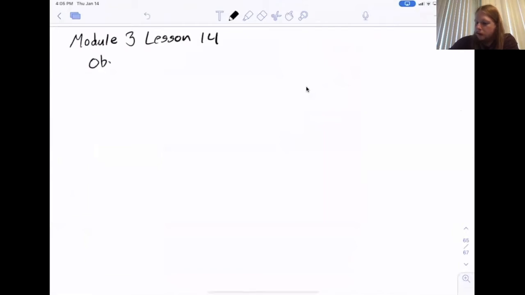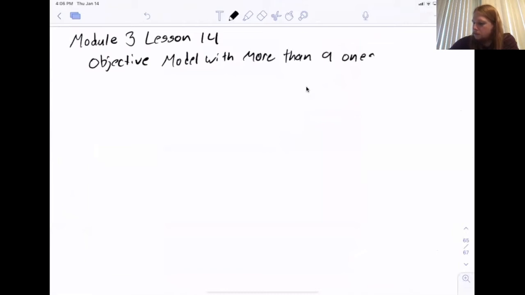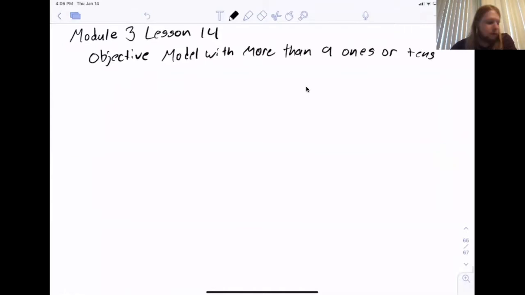And our objective is to model numbers with more than 9 ones or 10s. There's also a little more to it, but as far as I can see this part of the lesson, we're only going to focus on this part of the standard.